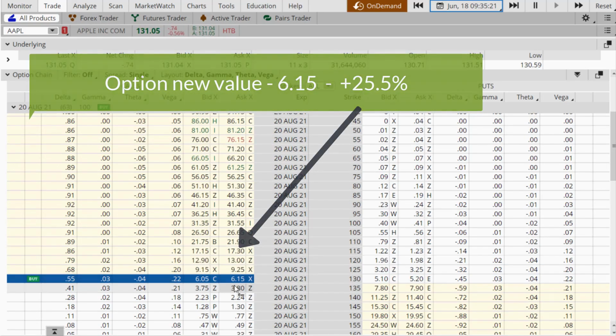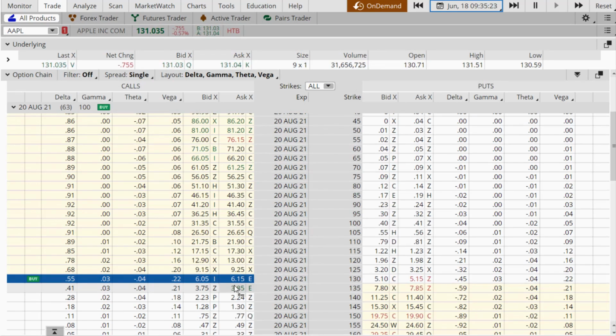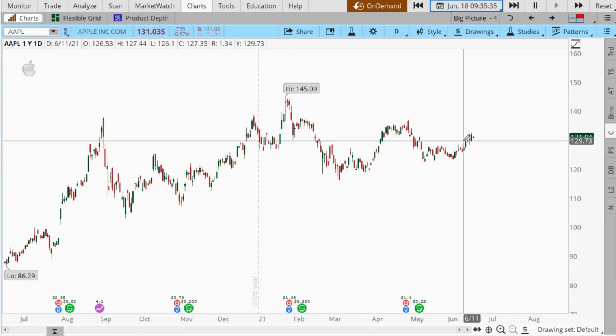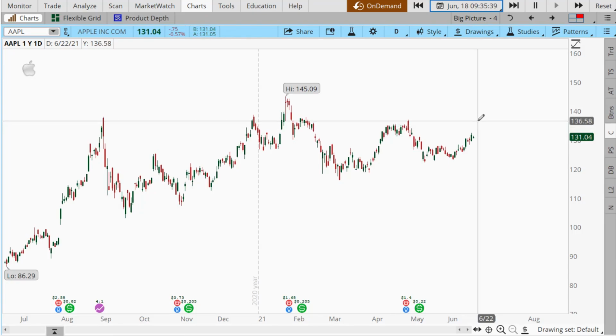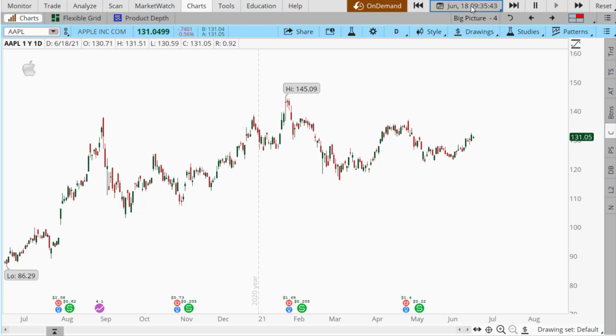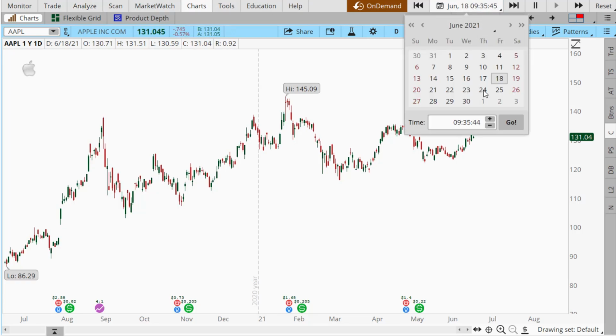So it went from $4.90 a share to $6.15 a share in a week. Now, that's a pretty good move up and a pretty good gain in value, but the stock has not yet hit our target. Remember, our first target was at about 136.87, somewhere in there. So we've not yet hit our target, but we are starting to move in our direction.